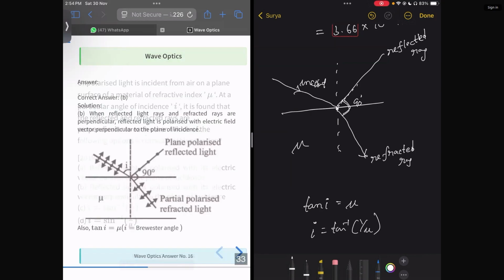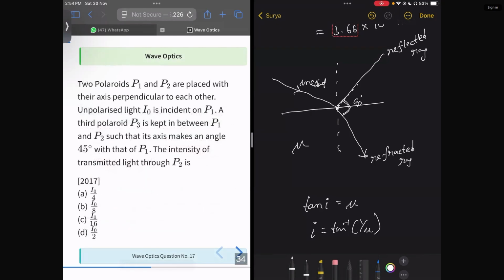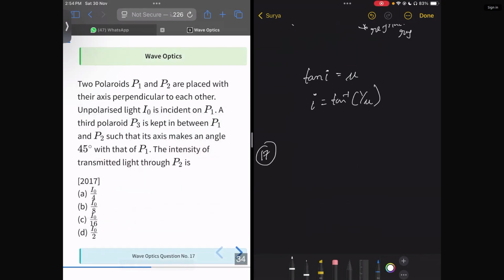Going to the next question. Two Polaroids P1 and P2 are placed with their axes perpendicular to each other. Unpolarized light I0 is incident on P1, and a third Polaroid P3 is kept in between P1 and P2. The intensity transmitted through P2 will be, they are asking.